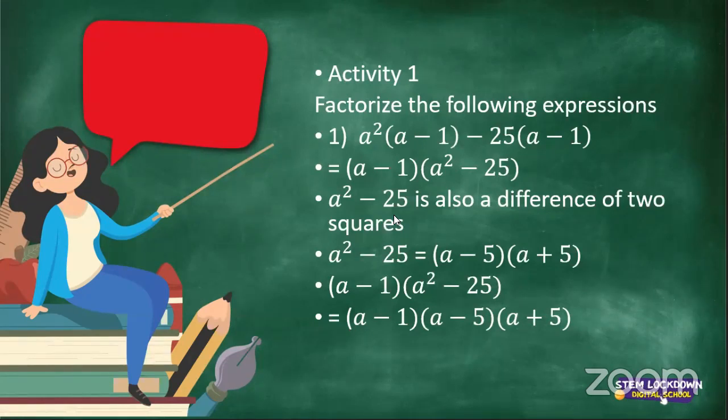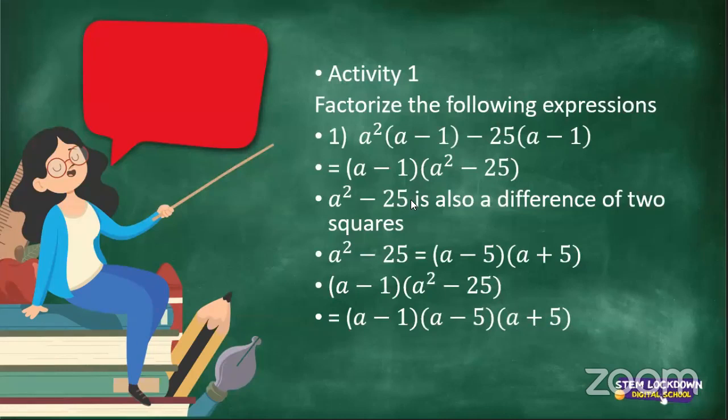You remember when you did square numbers in grade 8, 25 is a square number. Why is 25 a square number? Because you can square 5 in order to get 25. So this expression is the same as a squared minus 5 squared.